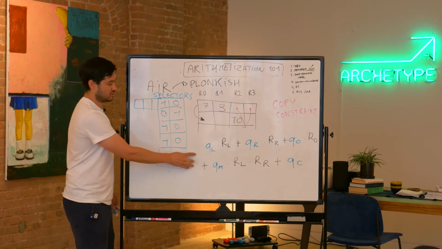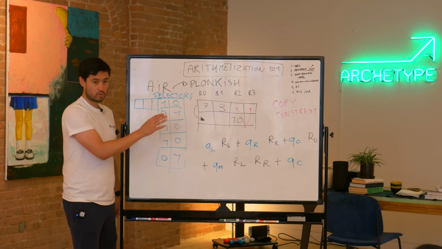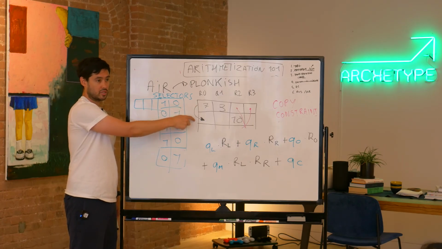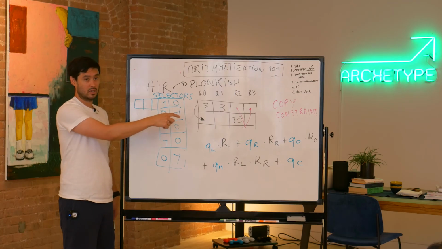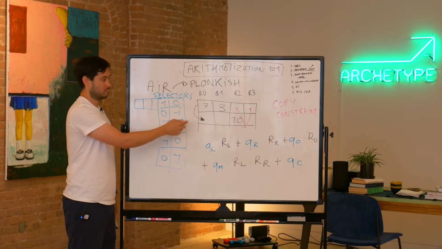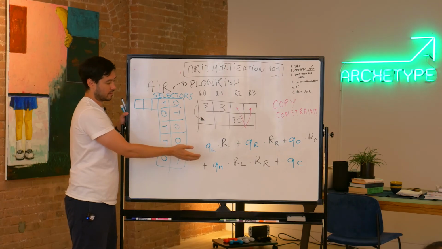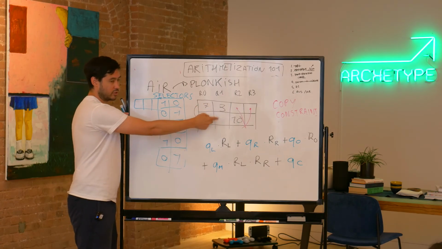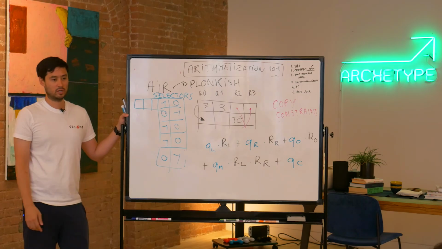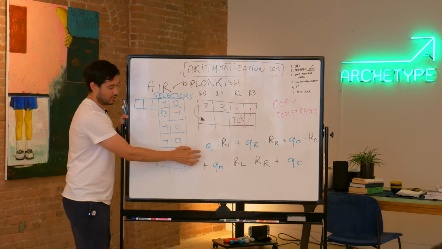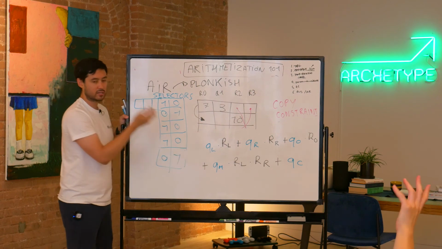Plonk by default doesn't use constraints that apply to two consecutive rows, because of the permutation, or they decided not to use it. They just have one gate that allows you to do an addition or multiplication.